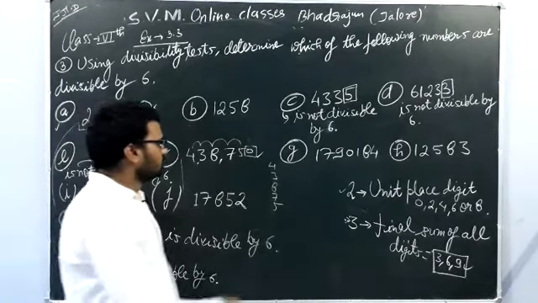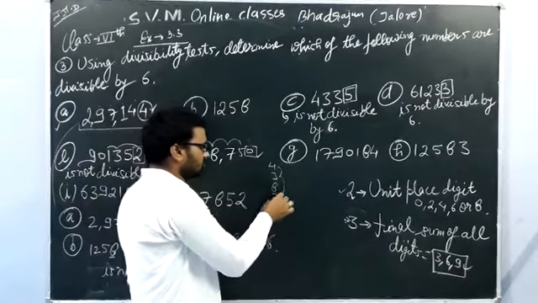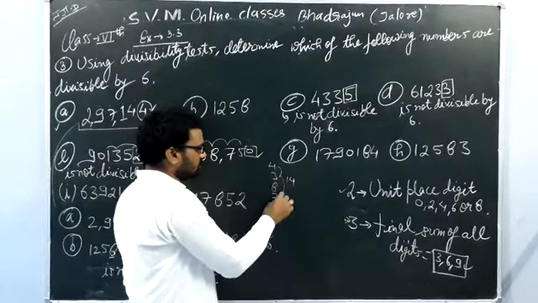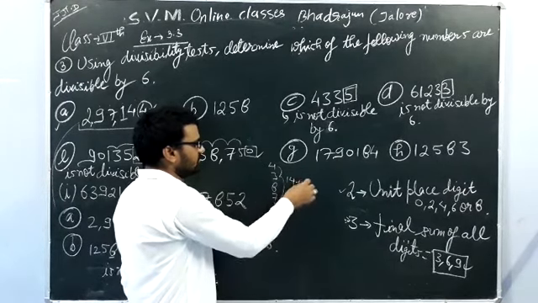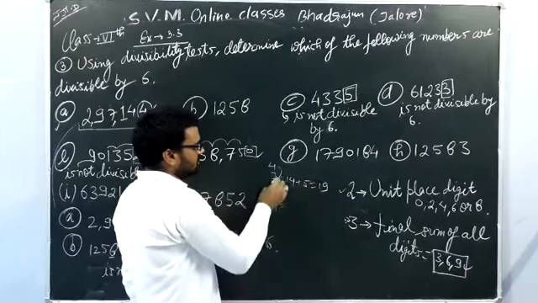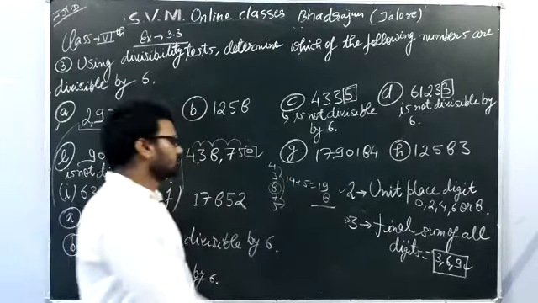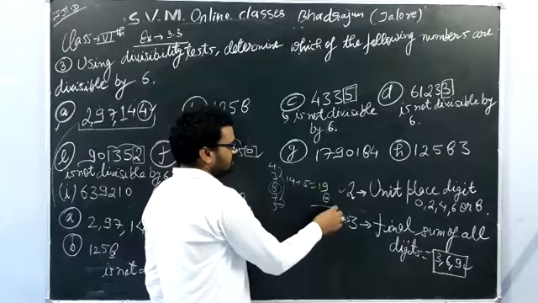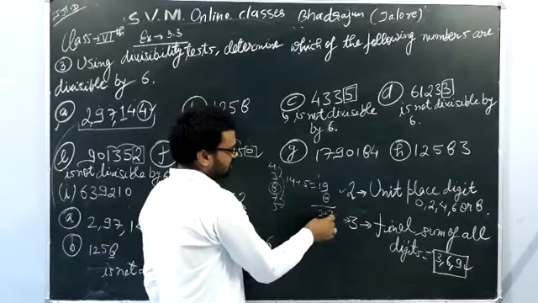Here we are seeing 4 plus 3 is 7, 7 plus 7 is 14, and 14 plus 5 is 19, and we are remaining with 8, and if we add 8, then 9 plus 8 is 17, 7 with 1 carry, and 1 plus 1 is 2, and the final sum is 9.